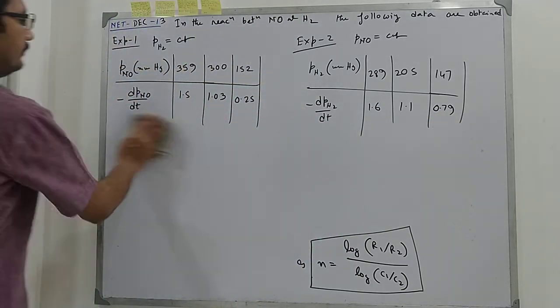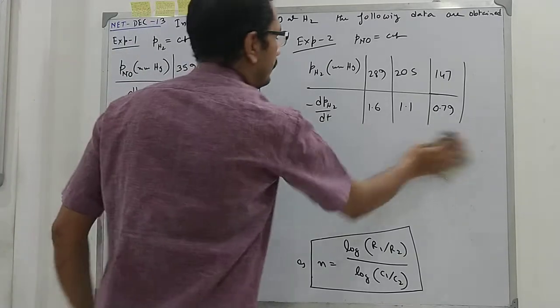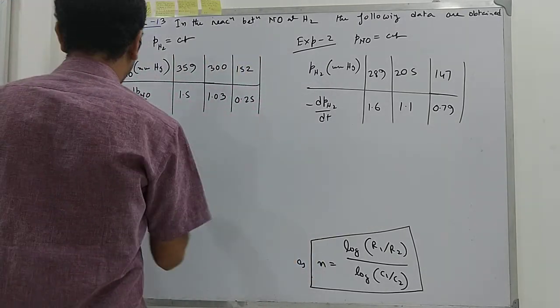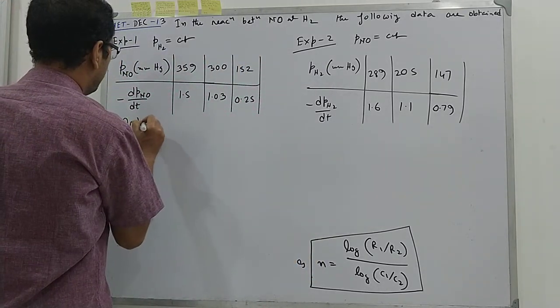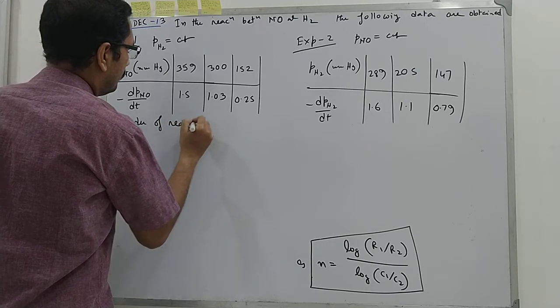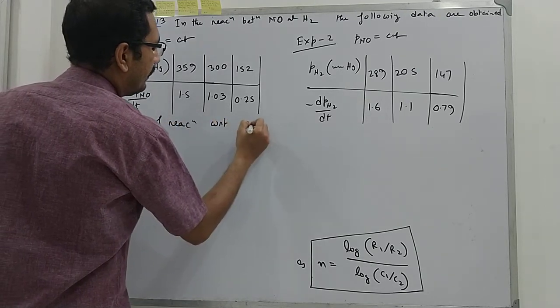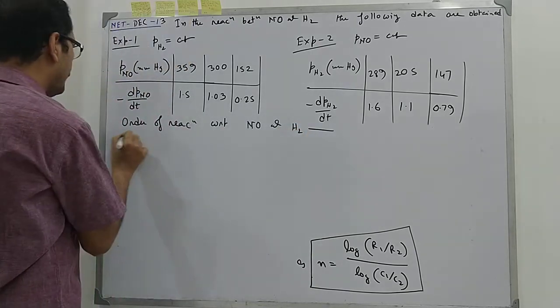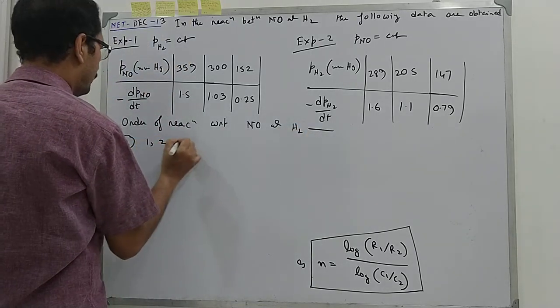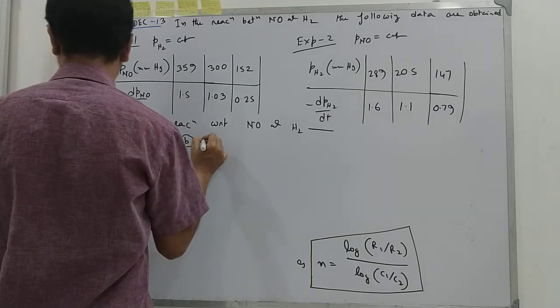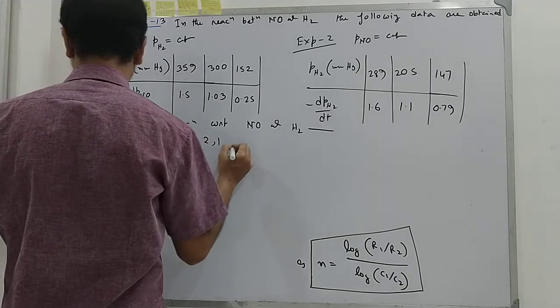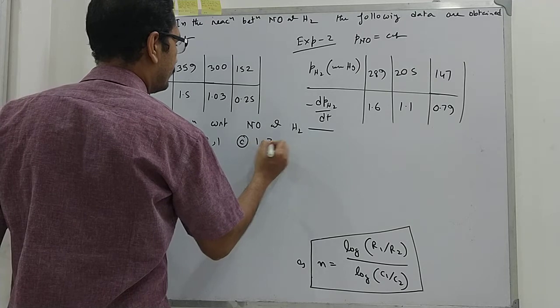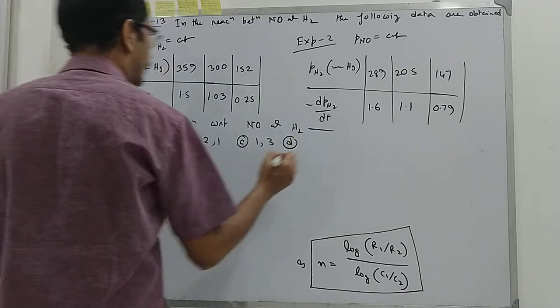So you have to find the order of reaction with respect to NO and H2 respectively. Option A is 1, 2, option B is 2, 1, option C is 1, 3 and option D is 2, 2.